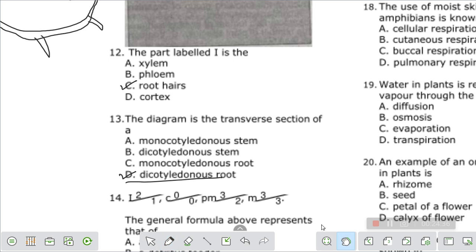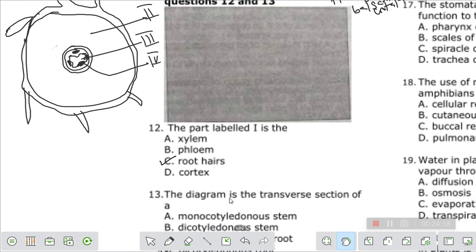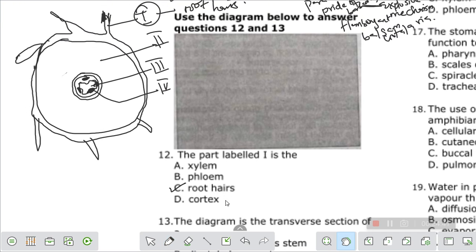So that's just how they ask it. This one now will be your piliferous layer. I'm sorry, I just have to write it in that place. So that's just some of the labelings you should know. This also is the endodermis. So you write it together just because of space.